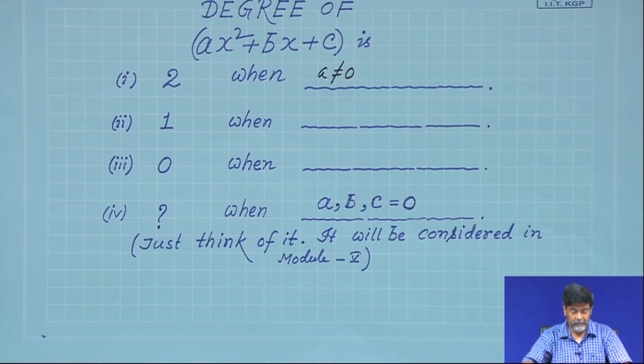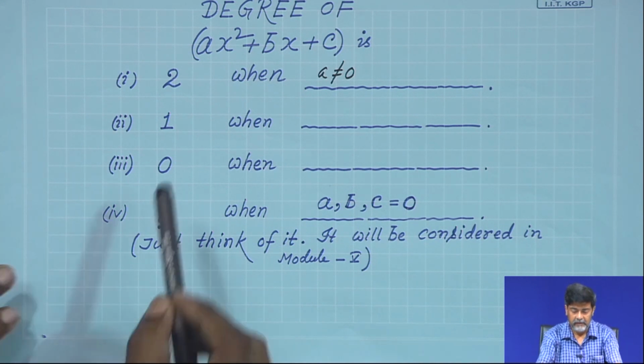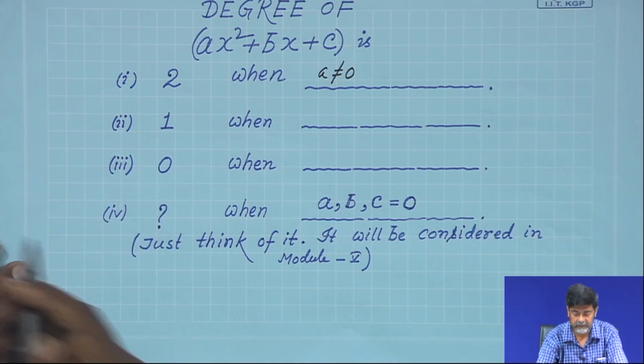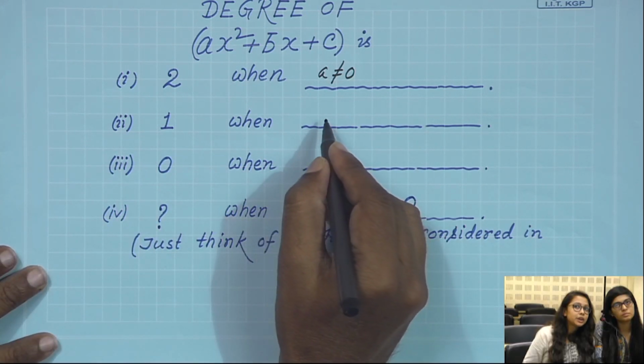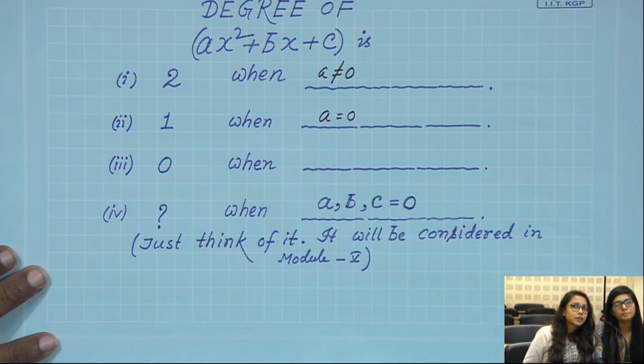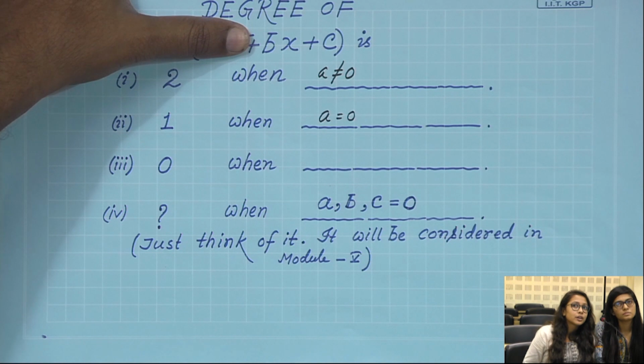And what will be the conditions for which 1 will be the degree of the polynomial? In that case, a has to be 0. If we make a 0, then the polynomial reduces to b x plus c.